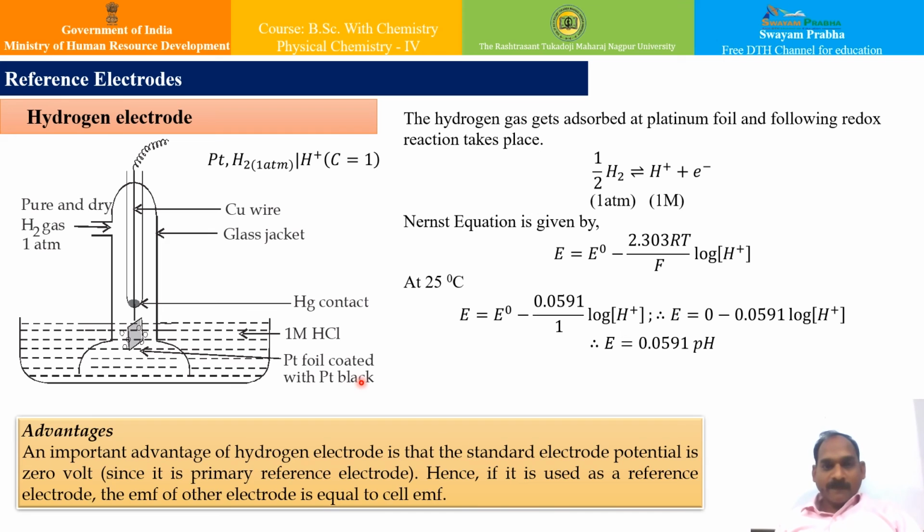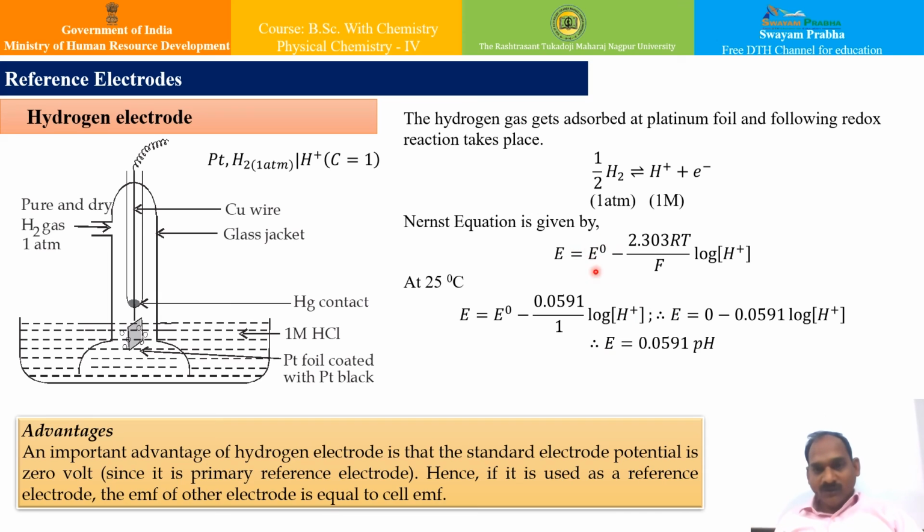In the cell reaction, hydrogen gas gets adsorbed at the platinum foil, and the redox reaction is represented as half H2 giving H+ plus an electron, the oxidation reaction. Correspondingly the Nernst equation is given by this. At 25 degrees it is represented like this.